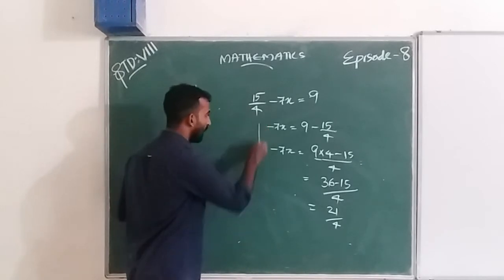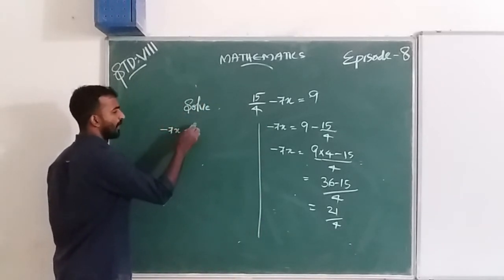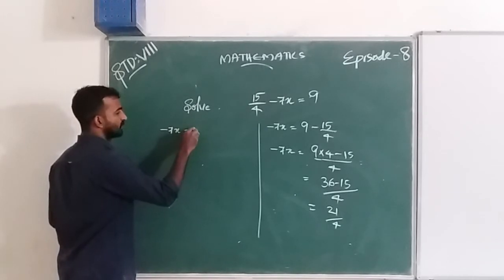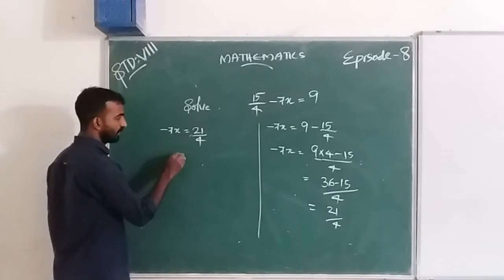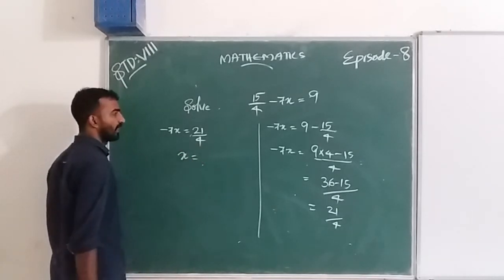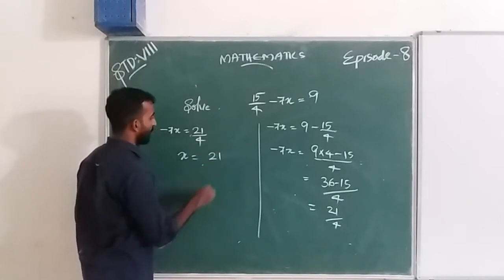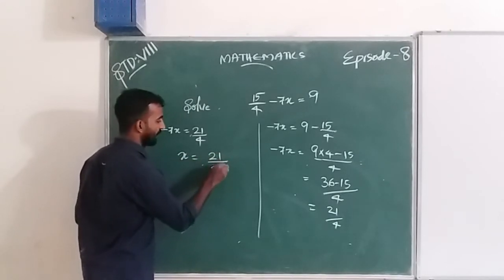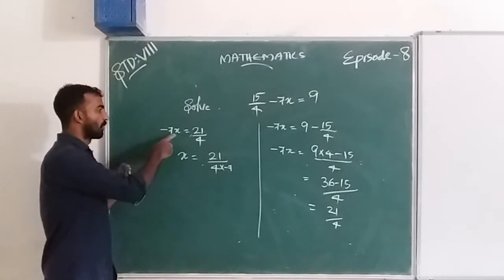That is negative 7x equals 21 by 4, and x equals what? 21 by 4 into negative 7. This is going to be a division.